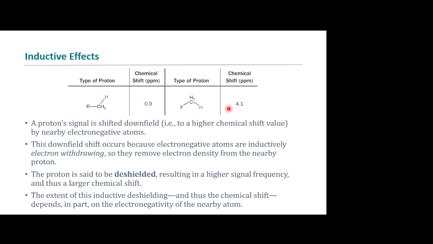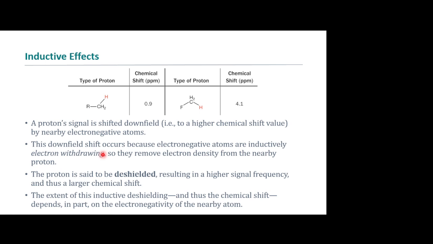Yeah. And so the electronegative atom right here, what it's doing is it's actually withdrawing electrons from this carbon-hydrogen system, right? So the carbon pulls electrons from the hydrogens, the fluorine pulls electrons from the carbon. And they pull electrons from those hydrogens. Those are going to cause the electron density to fall around the hydrogens, right?